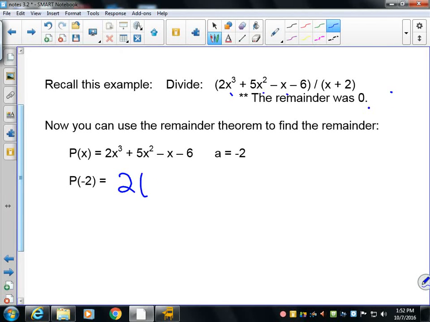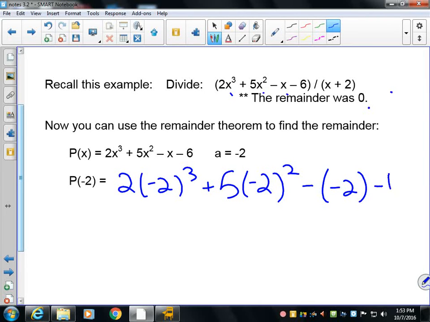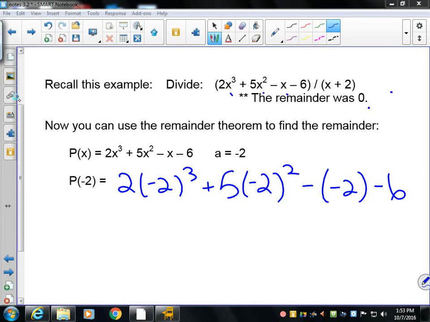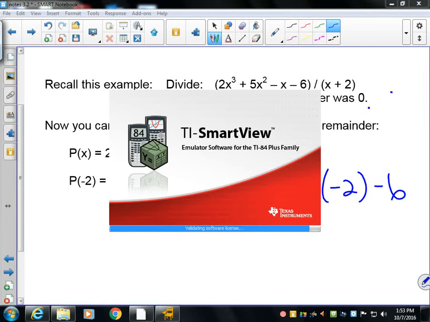So if I go 2 times negative 2 cubed plus 5 times negative 2 squared minus negative 2 minus 6. If I go into my calculator and punch that in, what do you think we're going to end up getting? Good.